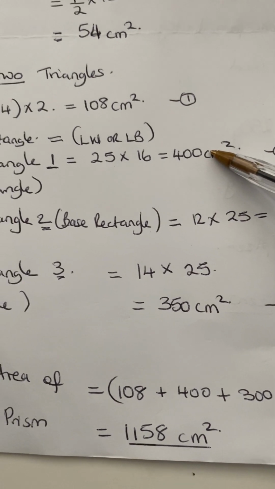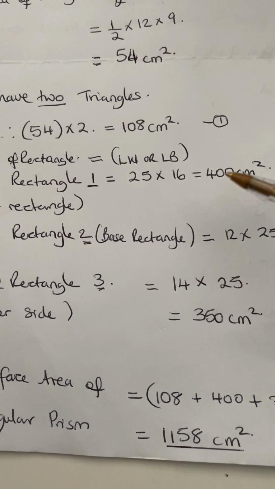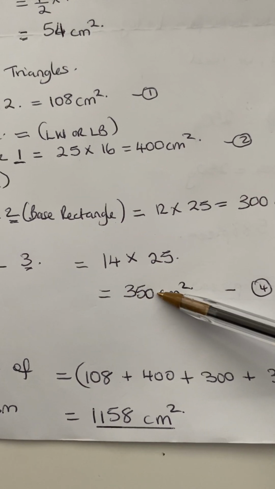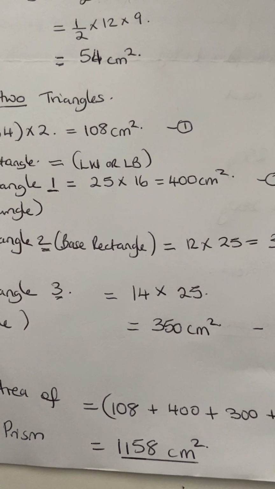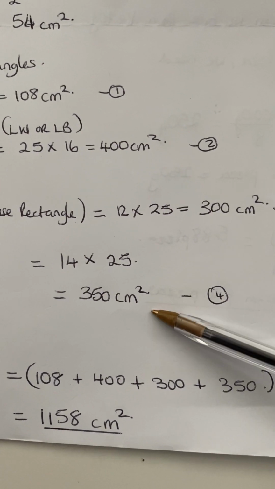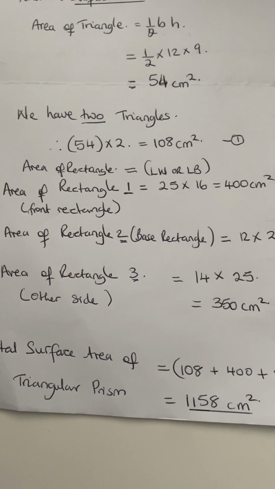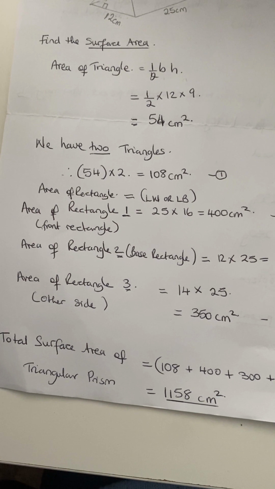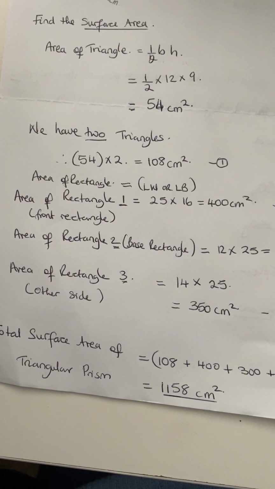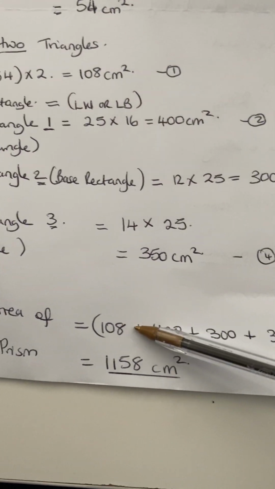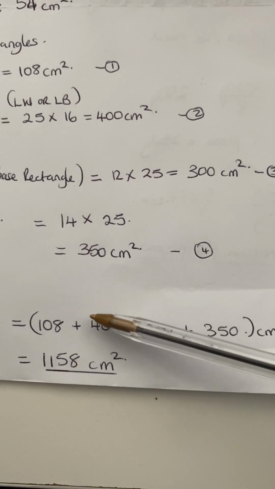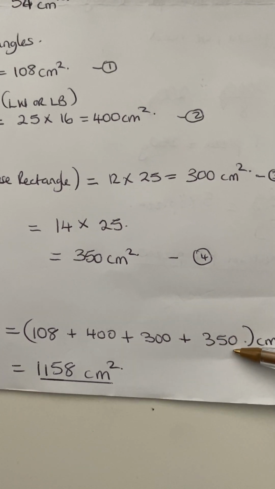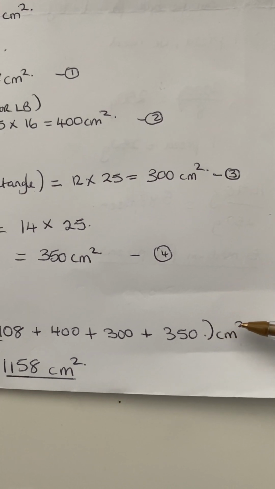And then we have 350, which is the area of the other side of the triangular prism, which we labeled 4. Okay, so this is my solution here. I'm going to zoom in for you to pause and have a look. So now the total surface area is 108 plus 400 plus 300 plus 350 centimeters squared.